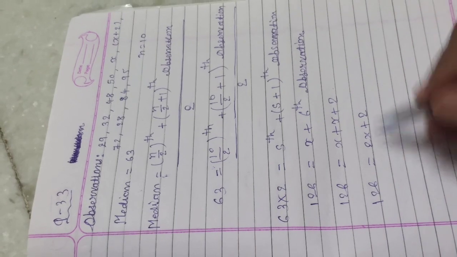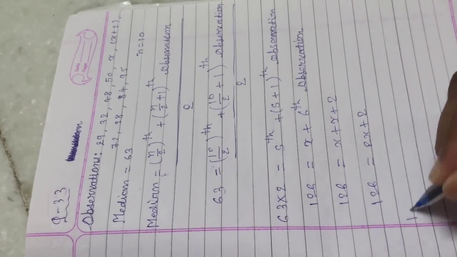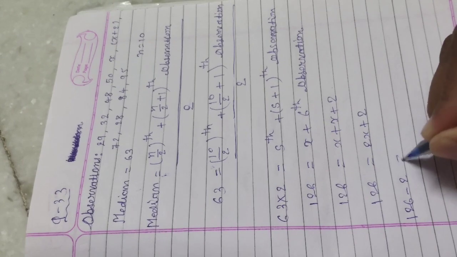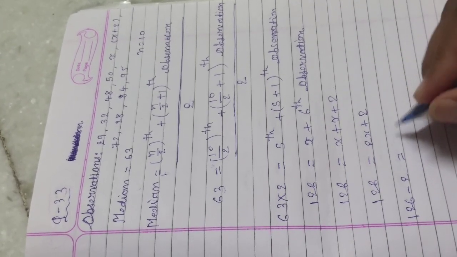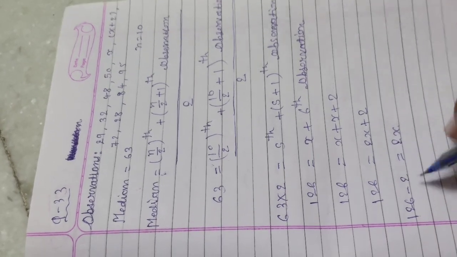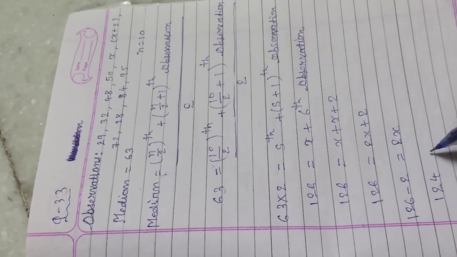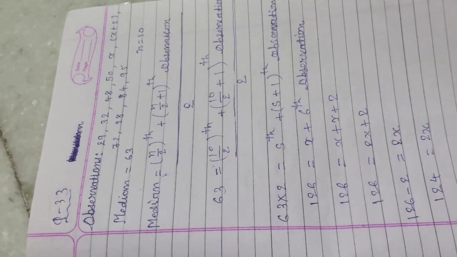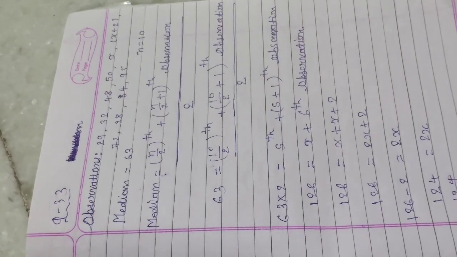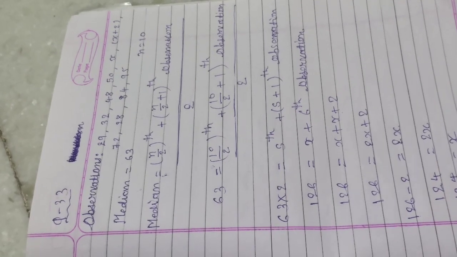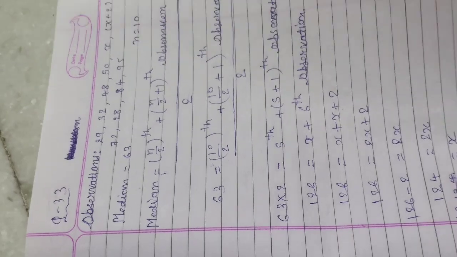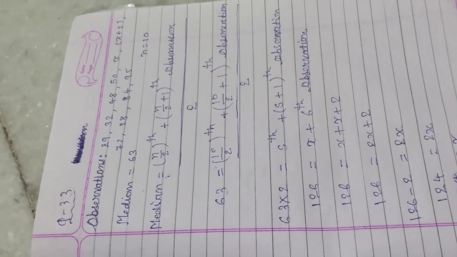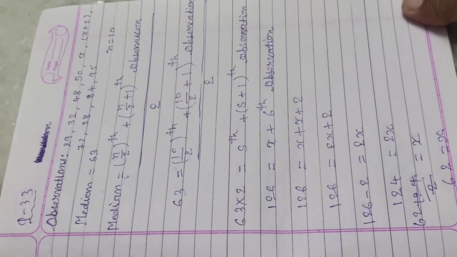Now 126 minus 2, because if I take it to the other side it will become negative. So 124 is equal to 2x. Now 124 divided by 2 is equal to x. So x will be 62.